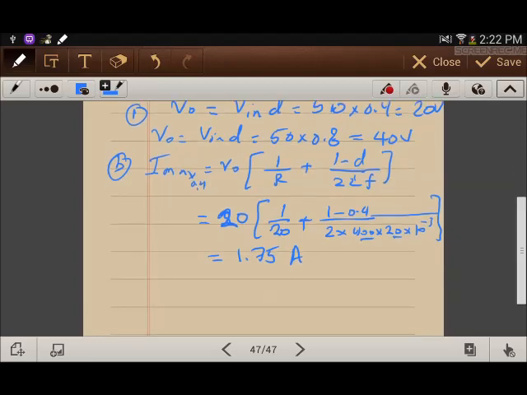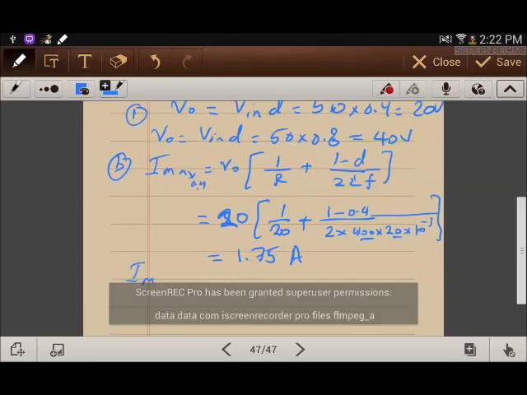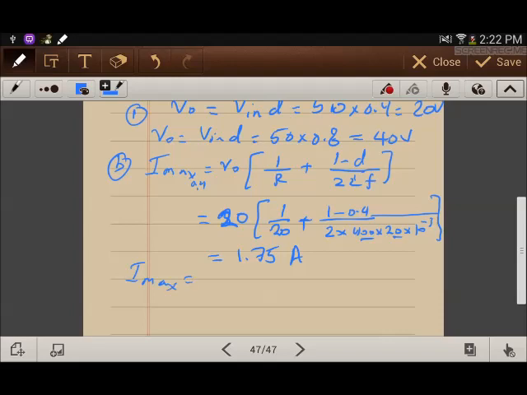When the duty cycle is 0.8, the maximum current is going to be 2.5 amps.